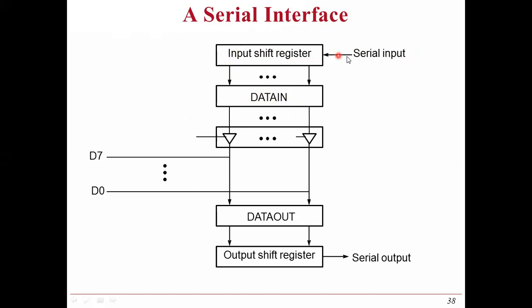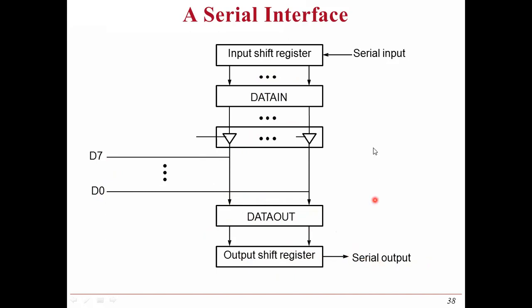Whatever the input shift register takes as input, those bits will be transferred to the data in register. Then that will be given to the data out register. So here D0 to D7, that data is also given to this data out. Whatever the data out register holds will be transferred to the output shift register. From this output shift register, we are getting the serial output.